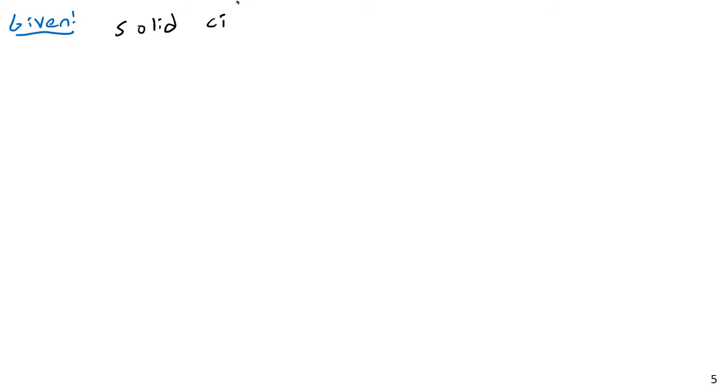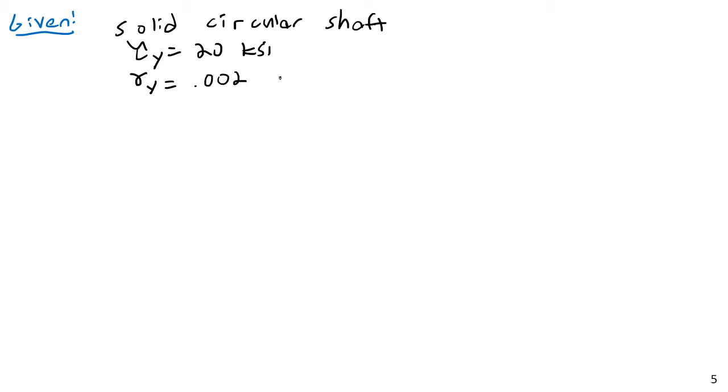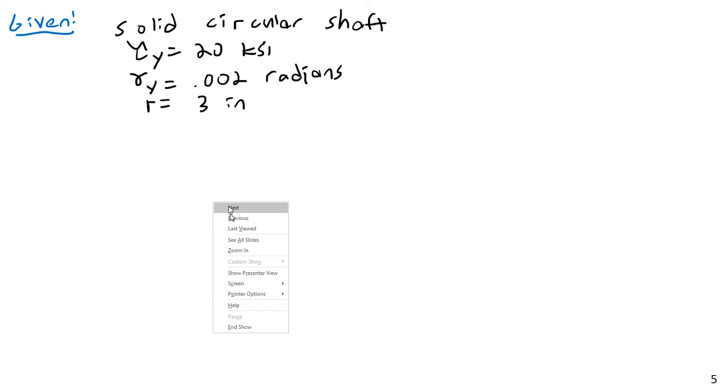Rigid would imply a rigid body. And tau yield is 20 ksi, and gamma yield is 0.002 radians. And finally, c is 3 inches. The outer radius is 3 inches. The actual radius of this thing is 3 inches.